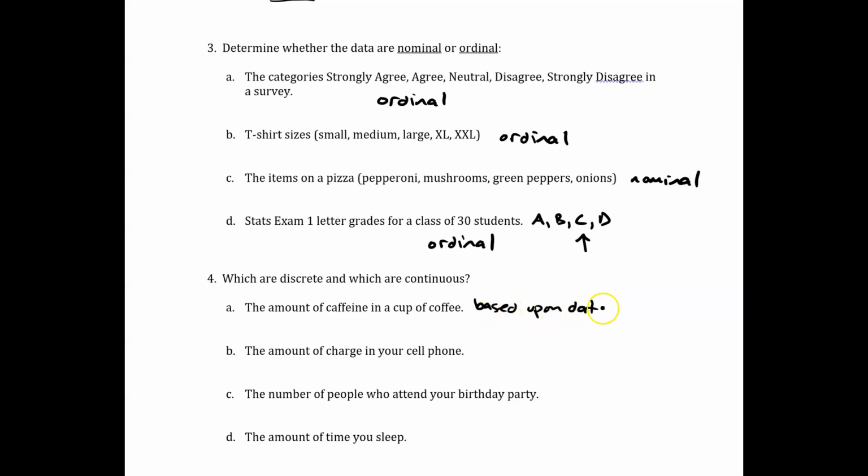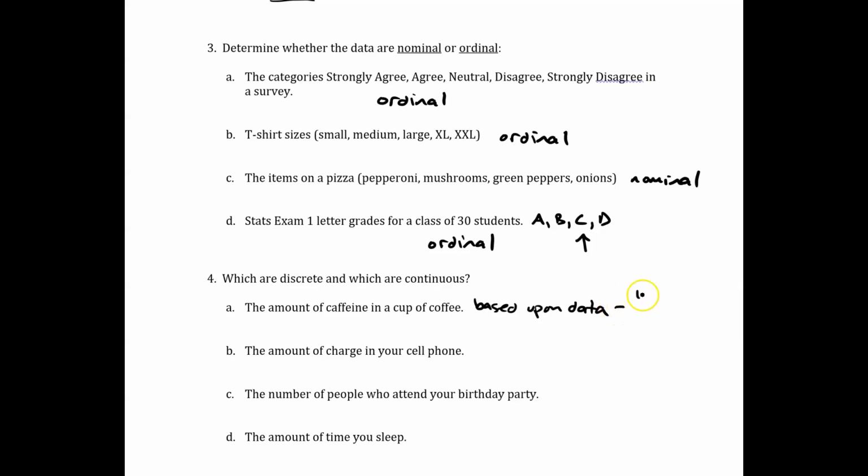And if the data that we're working with are whole numbers, then we would say that the amount of caffeine is discrete. But if the data are presented with fractional amounts of milligrams of caffeine or decimals, things like that, then we would say that the amount of caffeine would be a continuous variable.